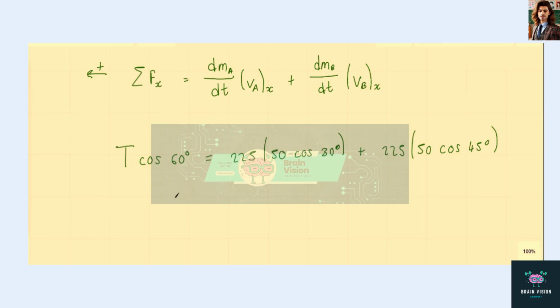And so if we rearrange this equation, or essentially just divide both sides by the cosine of 60 degrees, we can solve for the tension in the anchor, and we get this tension T to be 40.1 kilonewtons.